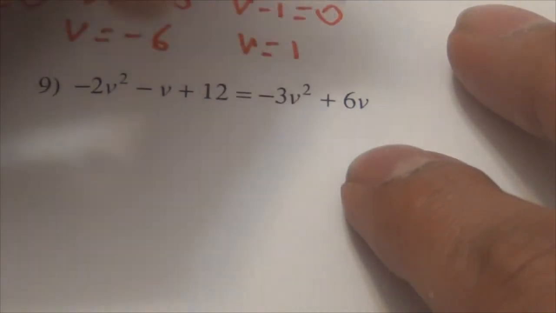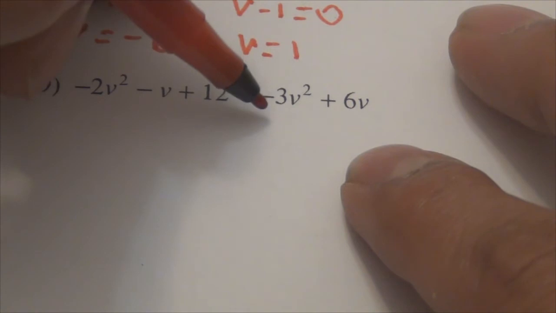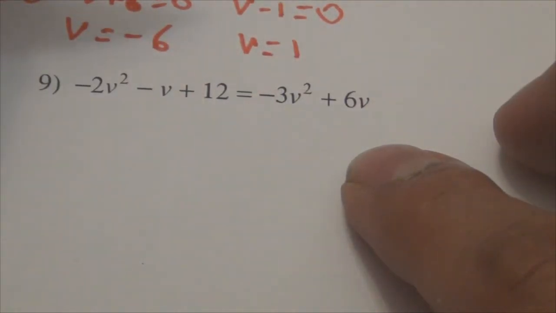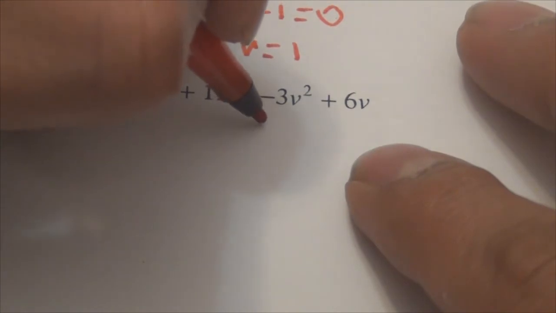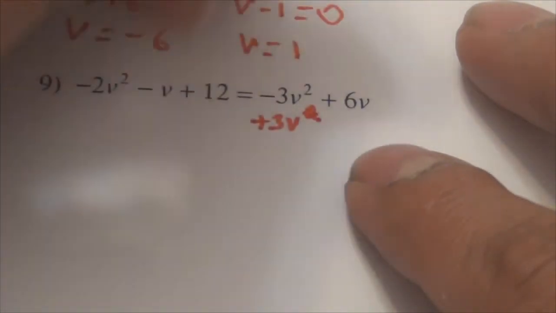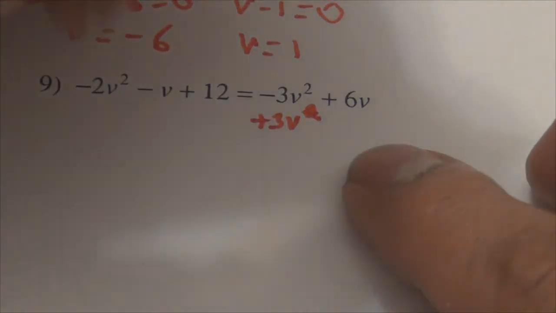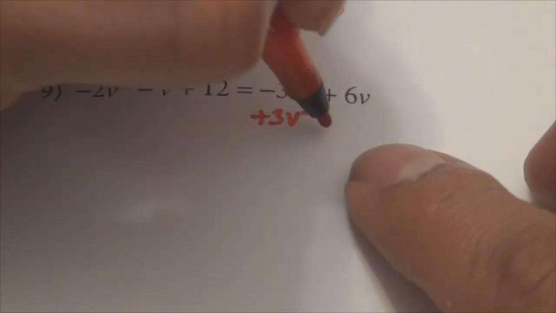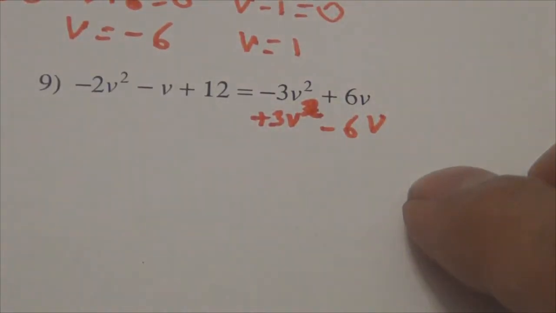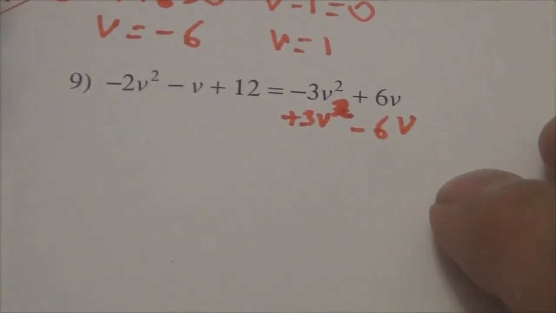Poisonous. So plus 3b squared. Okay, write that down. Plus 3b squared minus 6b. That's a square, by the way. Okay, and what you do to one side, you do to the other.